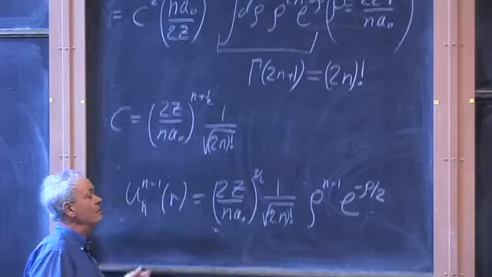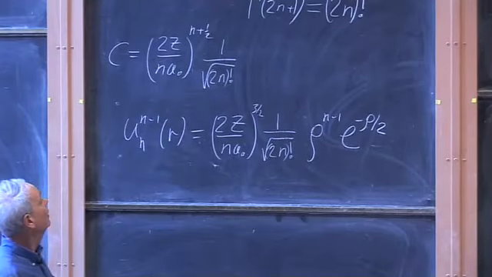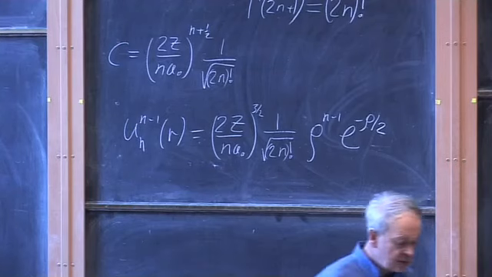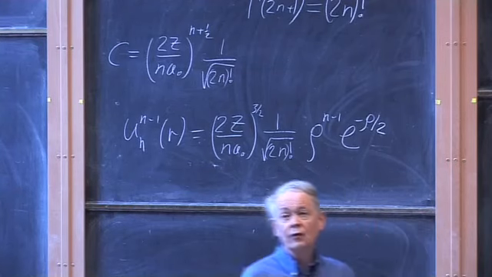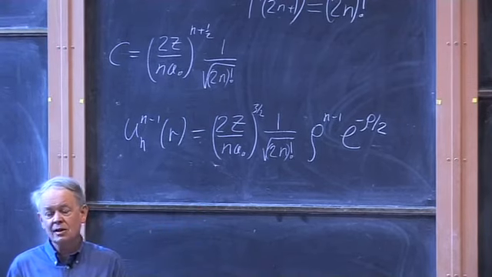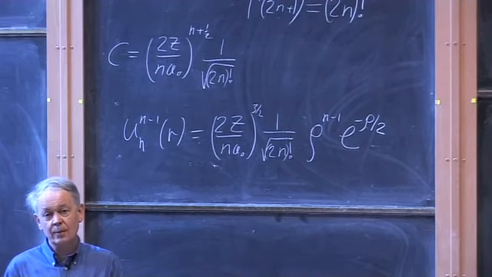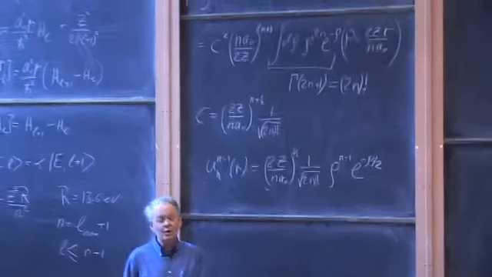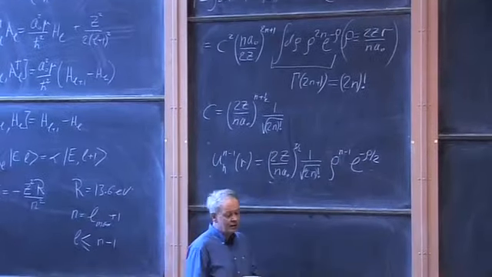So physically, what is this? We are looking at the states with the highest angular momentum for a given energy. So these are the quantum mechanical analogues of circular orbits, not eccentric orbits, but circular orbits. So what do we expect qualitatively?